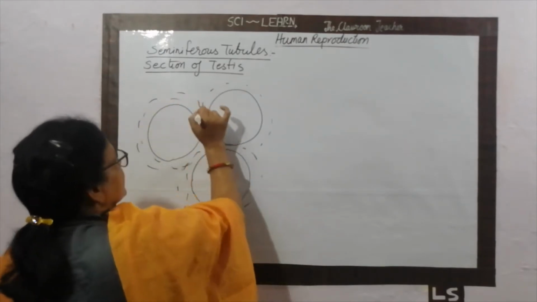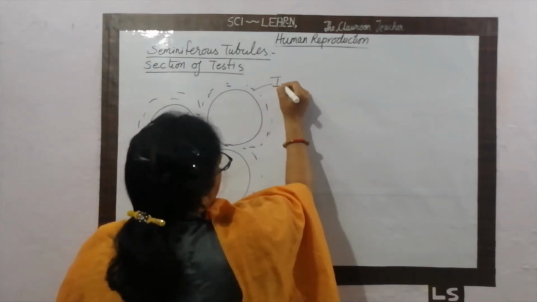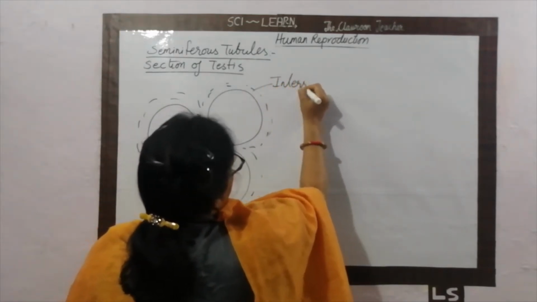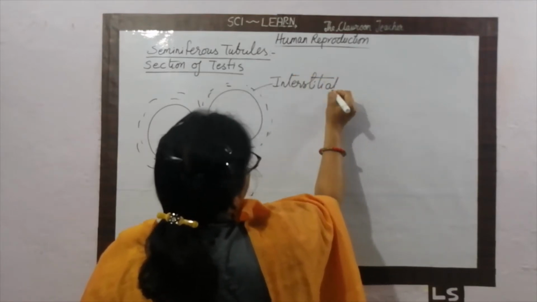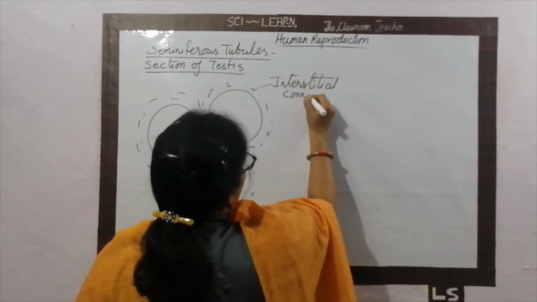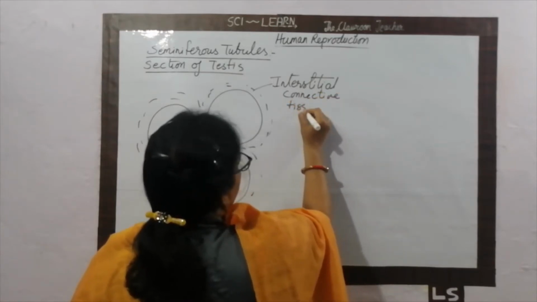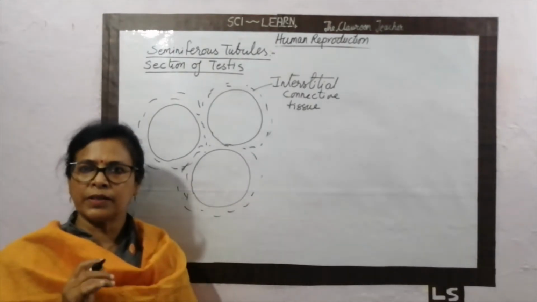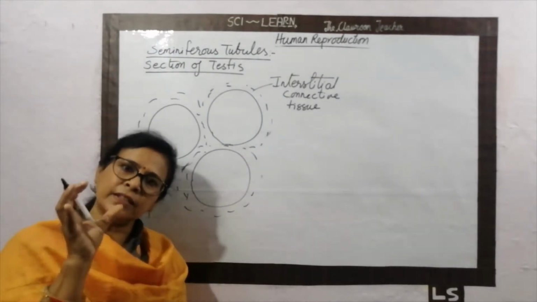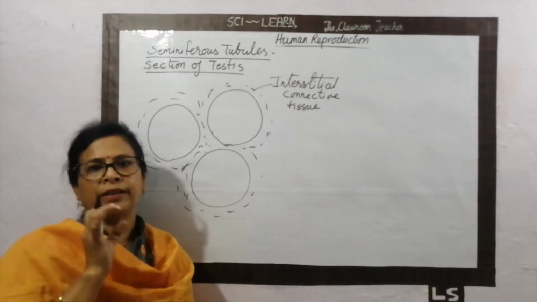All this part is covered with the interstitial connective tissue. Inside this interstitial connective tissue, these tubes are clearly visible.